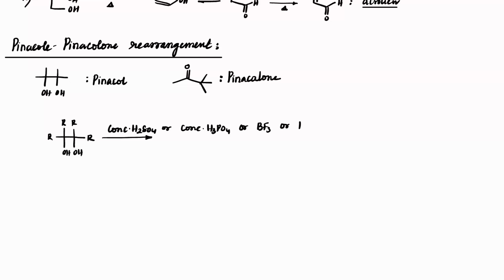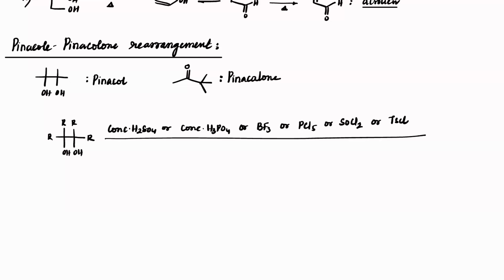So with heat, I'll write it at the bottom: PCl5 or SOCl2 or TsCl, tosyl chloride. You could imagine any one of these with heat.